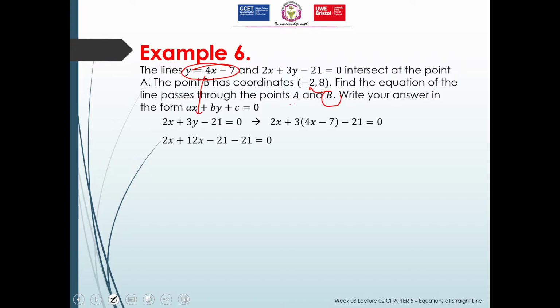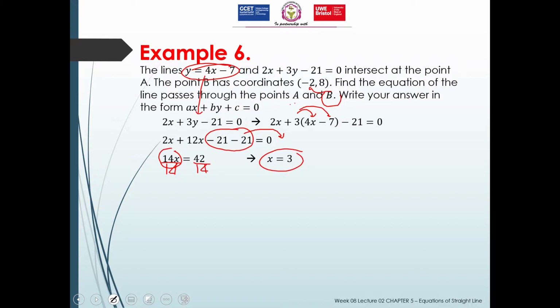To simplify, 3 times 4x is 12x, and 3 times negative 7 is negative 21, minus 21 equals 0. So 2x plus 12x is 14x, and negative 21 minus 21 is negative 42. Put this to the other side, we get positive 42. Then we divide both sides by 14, so that x is equal to 3.